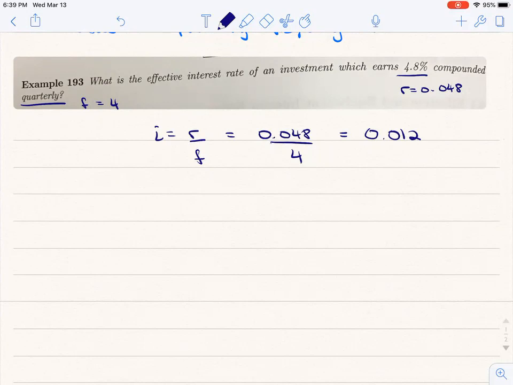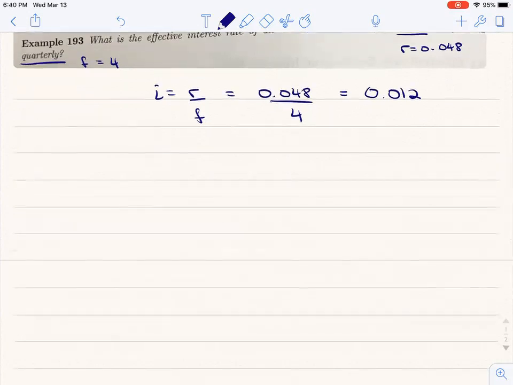And we want to know what's the effective interest rate. So the effective interest rate is 1 plus I to the power of F minus 1. Which means we have 1 plus 0.012 to the power of F, which is 4, and then minus 1.